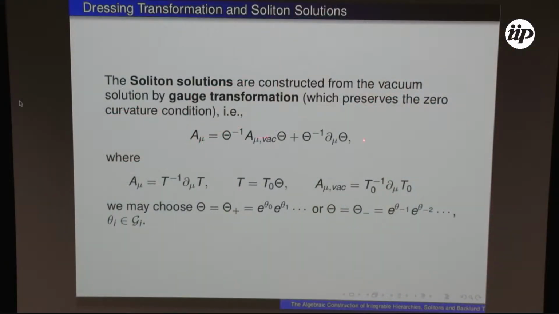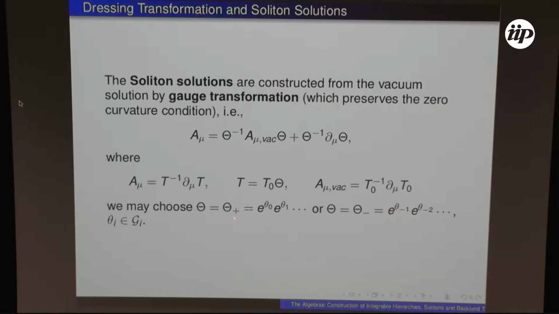The idea is very simple, but you have to prove that this gauge transformation exists. And it does. There are two solutions, one in terms of positive grade and one in terms of negative grade.